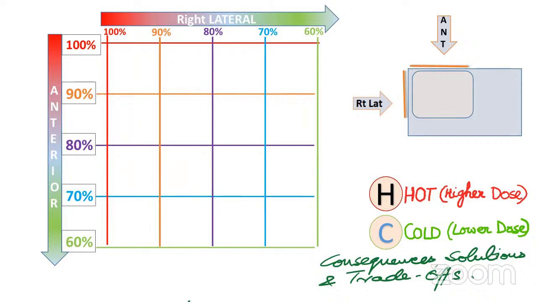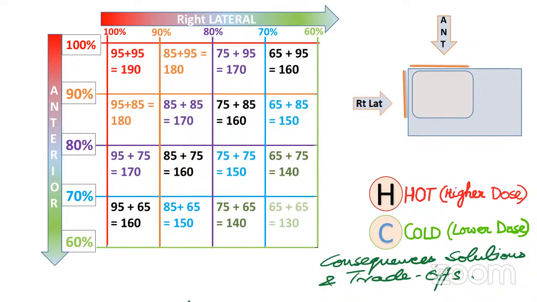And once you don't understand that, you will never be able to come up with the solution intuitively. Once you know that, your solution will come to you intuitively. So how to show that? Again, I have just shown that, in this area, this box which is here, it is getting 95% from the anterior field, 95% from the lateral field.